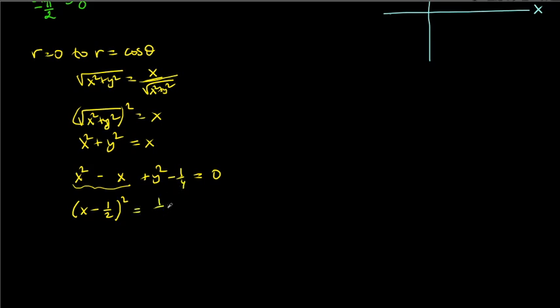Oh, I forgot the y squared, plus y squared, and that equals 1/4. So this is just a circle. Remember, this is r squared, so the radius is not 1/4, it's just 1/2. And the center is the point (1/2, 0).